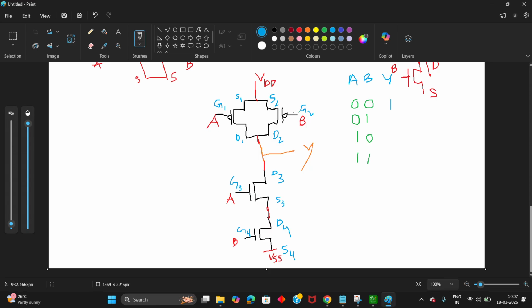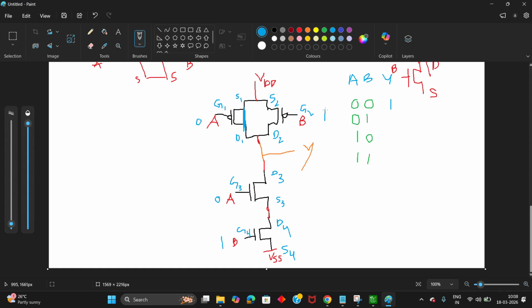So for this case we are going to apply A is equal to 0 and B is equal to 1 to the pull up and pull down network. Then the first PMOS transistor is going to turn on and it is going to have the short path like this, and the second PMOS transistor is going to turn off.